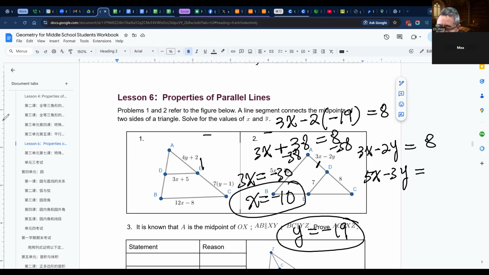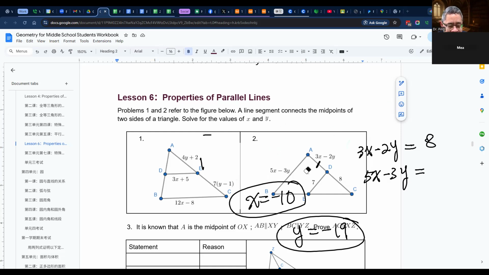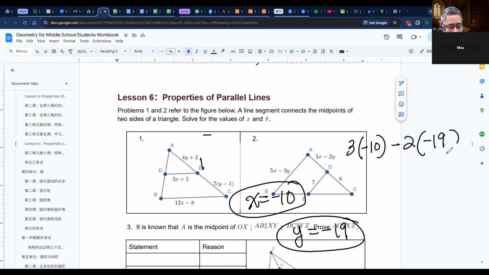Now we got those two, and we have to verify. We call it verification. Make sure we got that right. So now we know that the top one, 3x minus 2y, should be 8. Let's see. 3 times negative 10 minus 2 times negative 19. Then we got negative 30 plus 38, which is 8.